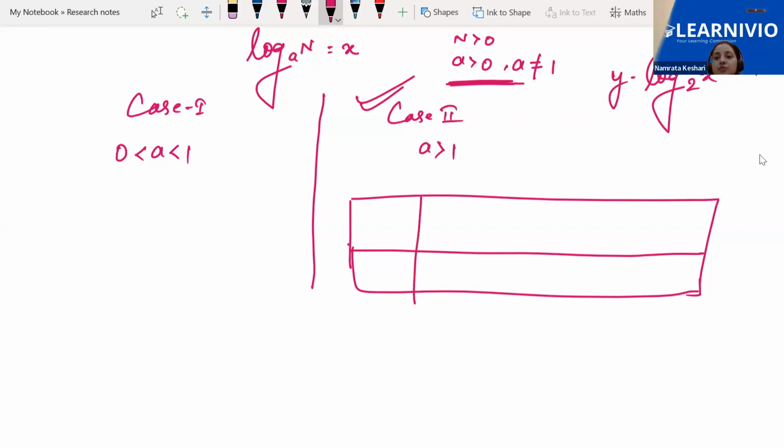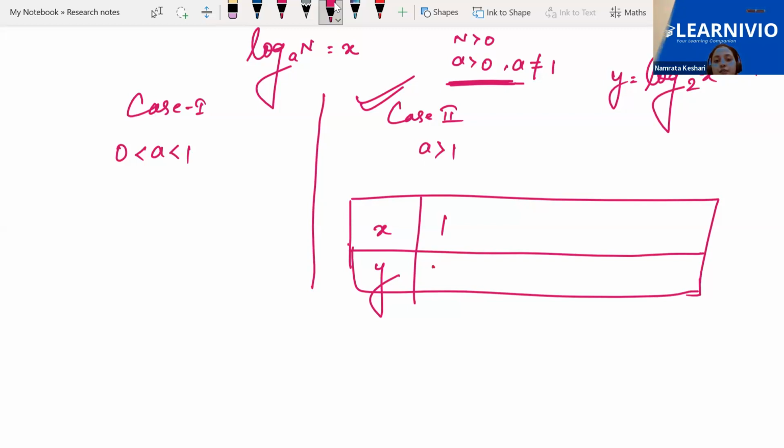Okay, y is equal to this. Now x is the input, y is the output. If we take x as 0, y will be, 0 is not acceptable. If we take x as 1, y will be log 1. What is the value of log 1? 0.